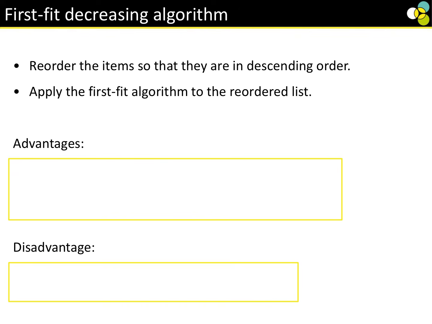The advantage of this is we're probably going to get a better solution. It might not be the optimal one, so that could be a disadvantage. It may still not be optimal.